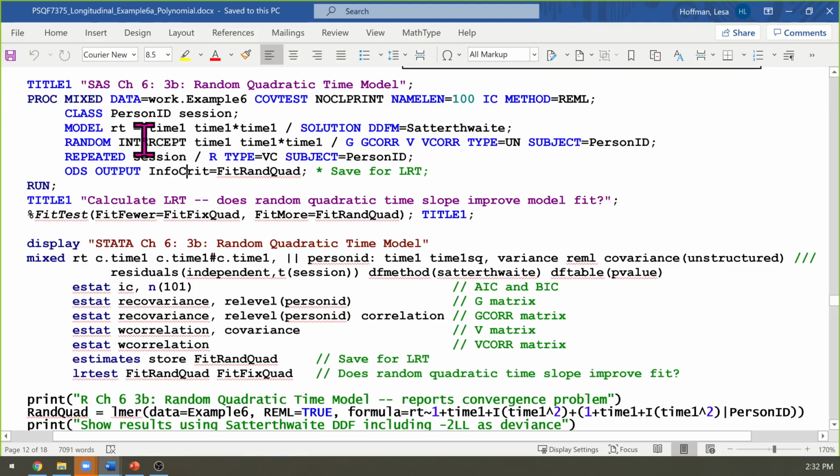So I have intercept in capital letters here for my own edification, that is a SAS recognized term, that it is going to build for me a column of ones to represent as a variable and put it in there. If you don't type intercept, you don't get a random intercept, whereas that is a default that you get in Stata and in R.